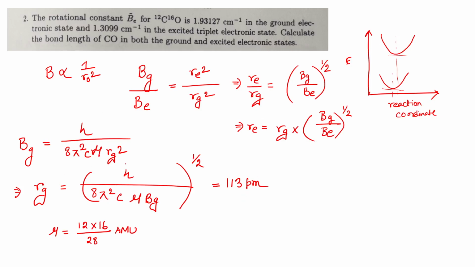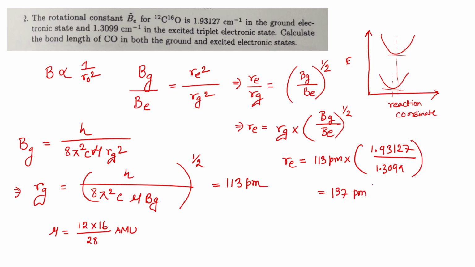Now I don't want to do that much calculation. I will just put my value here: 113 picometer into Bg, which is given, 1.93127 divided by 1.3099. You will see it would come something like 137 picometer.